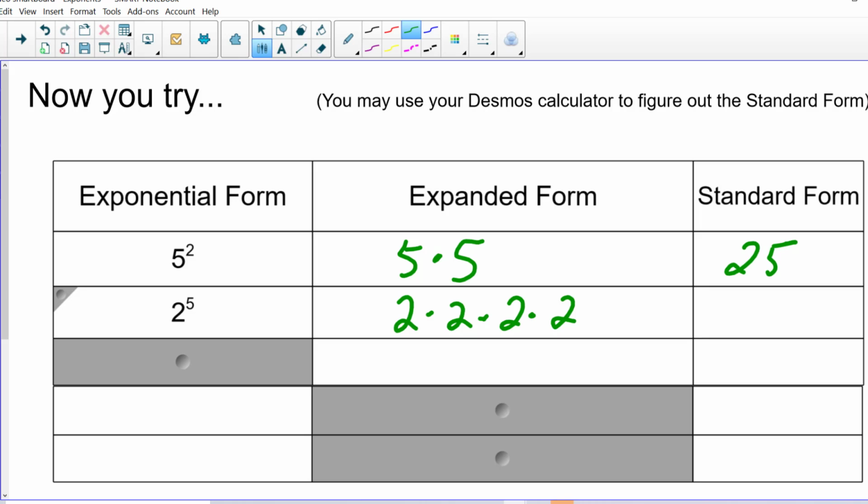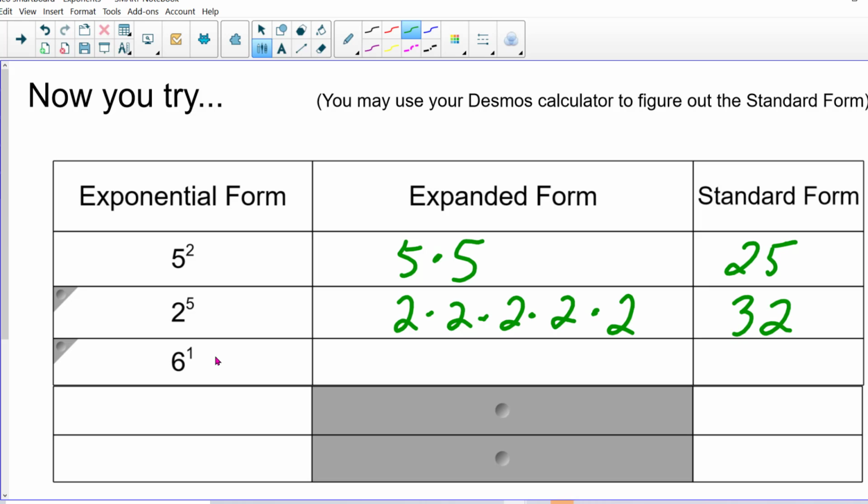How many times do I have so far? 4. I need to do one more time. So I said 2 to the 5th power. 1, 2, 3, 4, 5. Now I'm going to multiply all of that out. Yes, you can use a calculator. 2 times 2 is 4. Times 2 is 8. Times 2 is 16. 16 times 2 is 32. So are they the same thing? No.